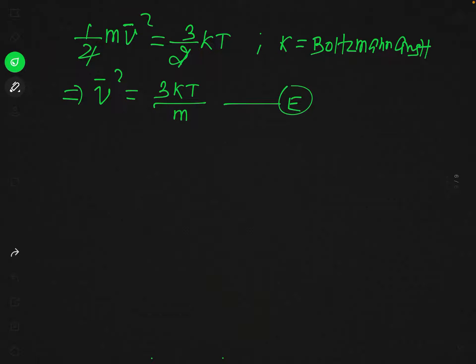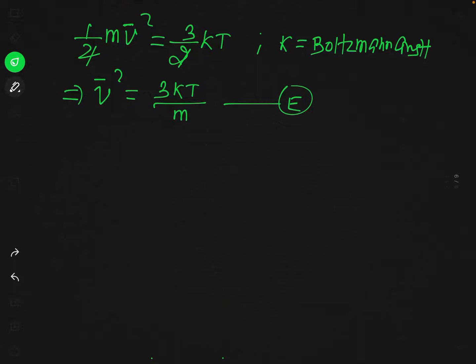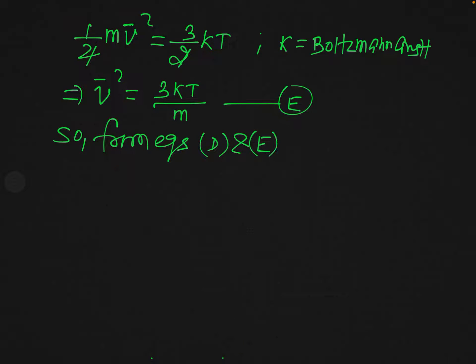Now we have obtained just now the value of v bar square in terms of the constant b in equation D. So now let us equate equation D and equation E. From equations D and E, you can see that this 3 over 2b will be equal to 3 kT over m.